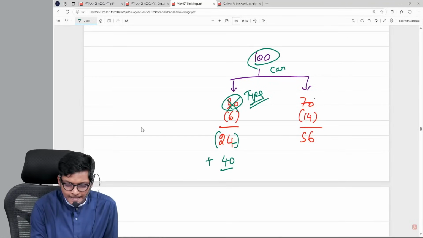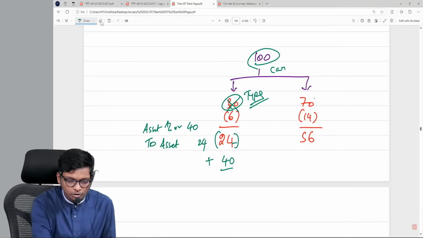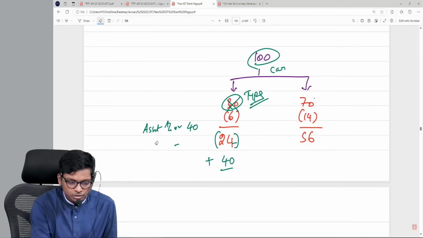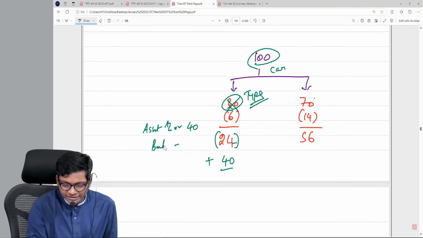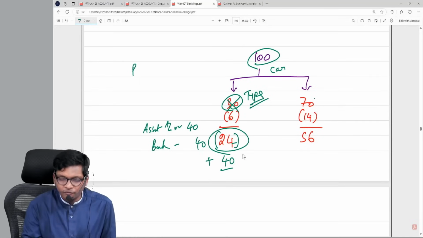I will write asset account debit 40 to bank, because I purchased for 40, and then I will write off this 24.